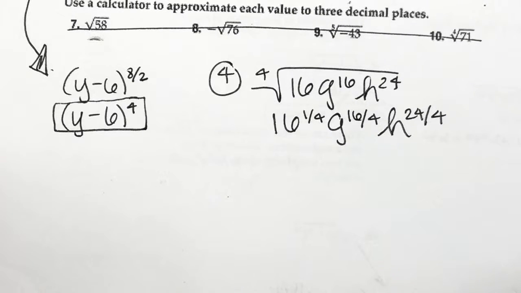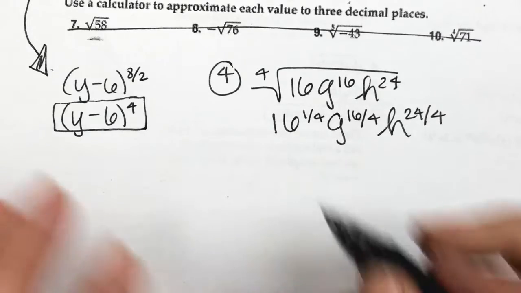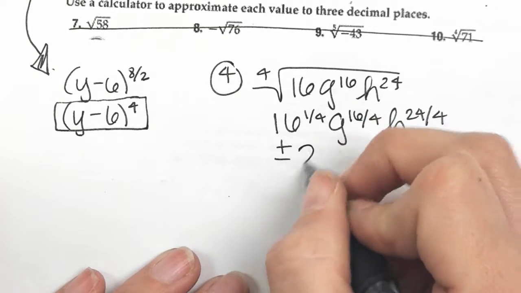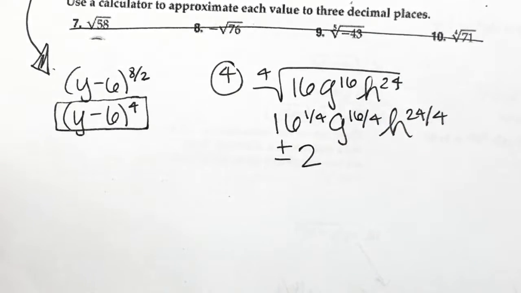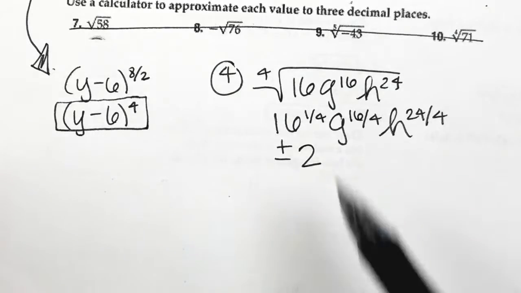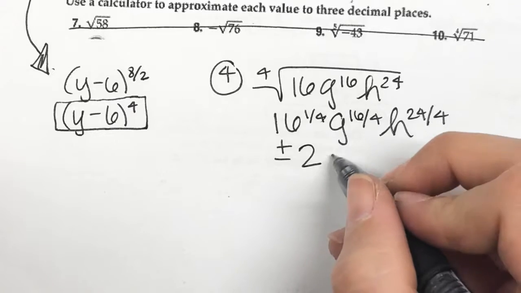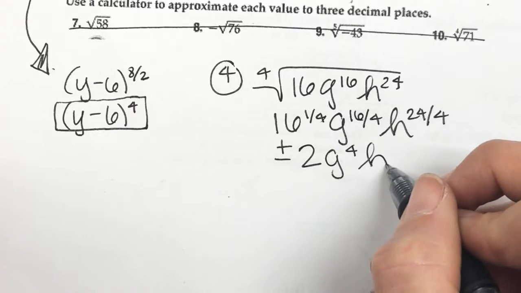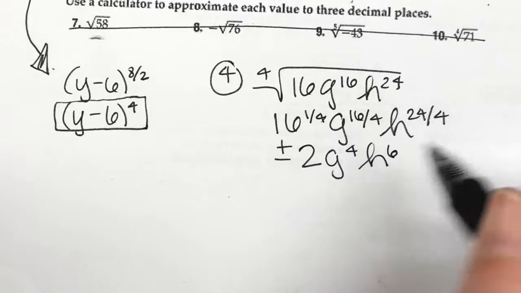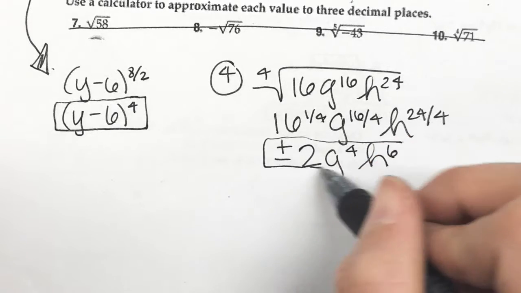Thank you. Plus or minus. Again, why is that? Because it's an even root right here. G to the what? H to the, do I need any absolute value bars? No.